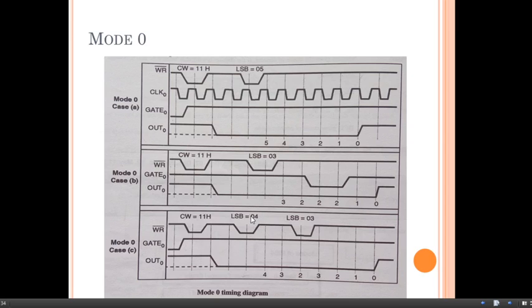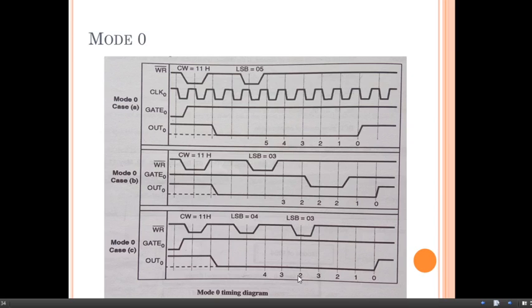So once this value 4 is provided, the counter started counting, that means 4, 3, 2, and after this clock cycle the new value for the counter is provided. So once the counter gets this new value, the counter will count from this new value.